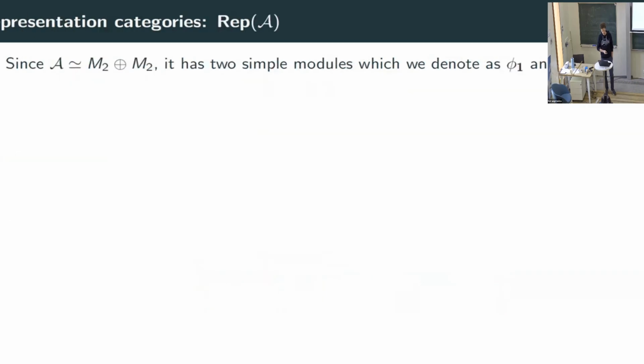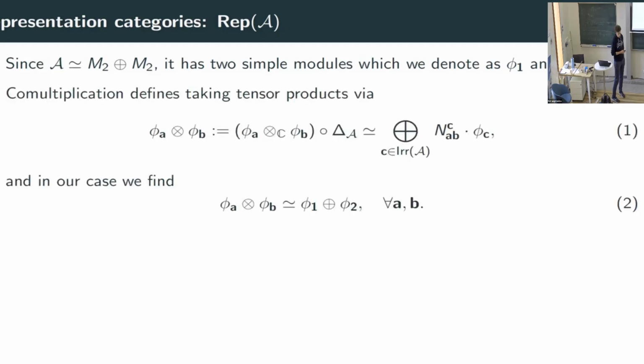So what we're interested in is studying the representation categories of this algebra. Since A is just a nice direct sum of two-dimensional matrix algebras, there's just two simple modules of dimension 2, and we denote them phi1 and phi2. If you have a co-multiplication, you can use it to define a tensor product of these representations as follows.